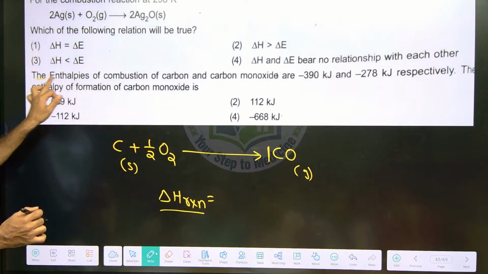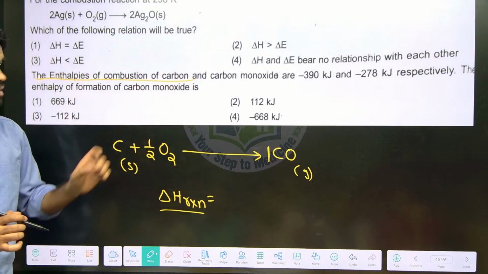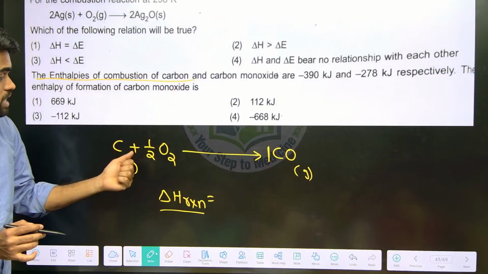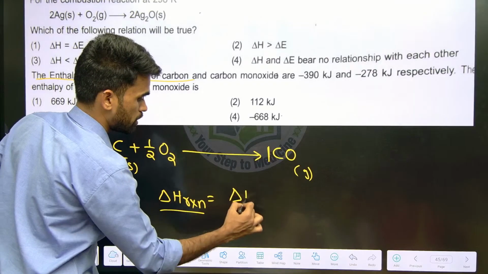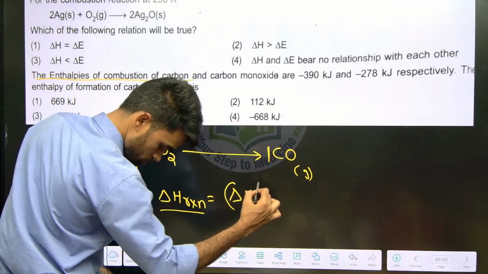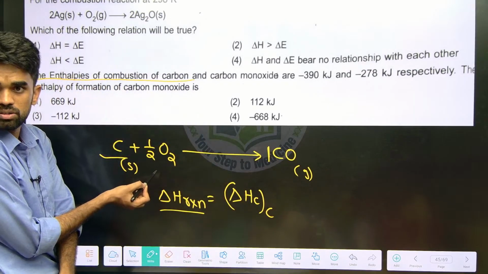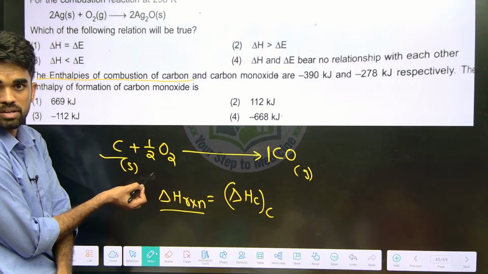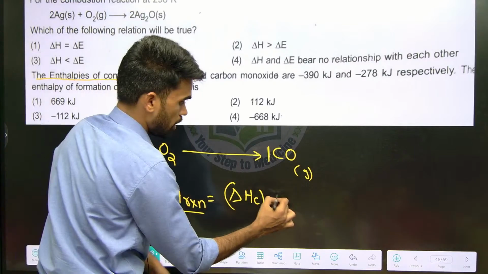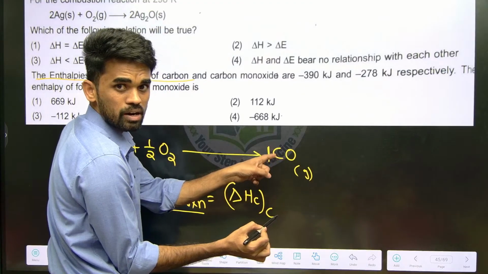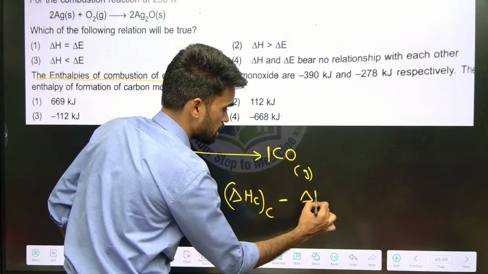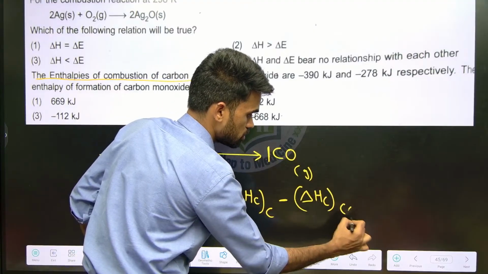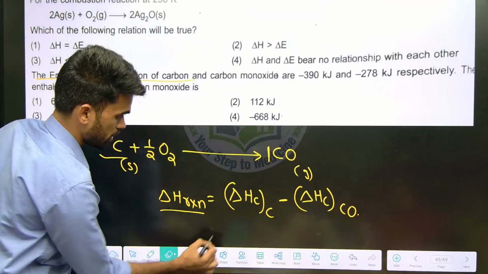But what data have they provided? Combustion data provided. Who is undergoing combustion? Carbon. So enthalpy of combustion of carbon, oxygen 0. For oxygen, how much combustion or formation? That will be 0. This one is forming, so that should be minus enthalpy of combustion of CO. So put the data provided here.